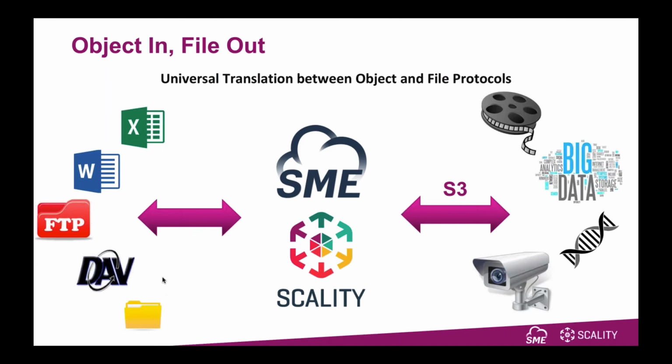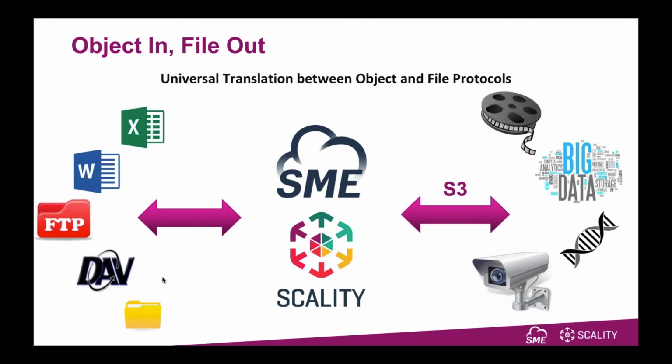But as Philip brought up earlier, I bet you're moving towards using next generation applications like video surveillance, media files, big data, life sciences, and a lot of those can speak directly to Scality via S3. And so if I'm recording from my security system via S3 directly into Scality, and then my Windows desktop client wants to watch that clip, if I don't have an S3 driver or a connector, how am I going to do it?